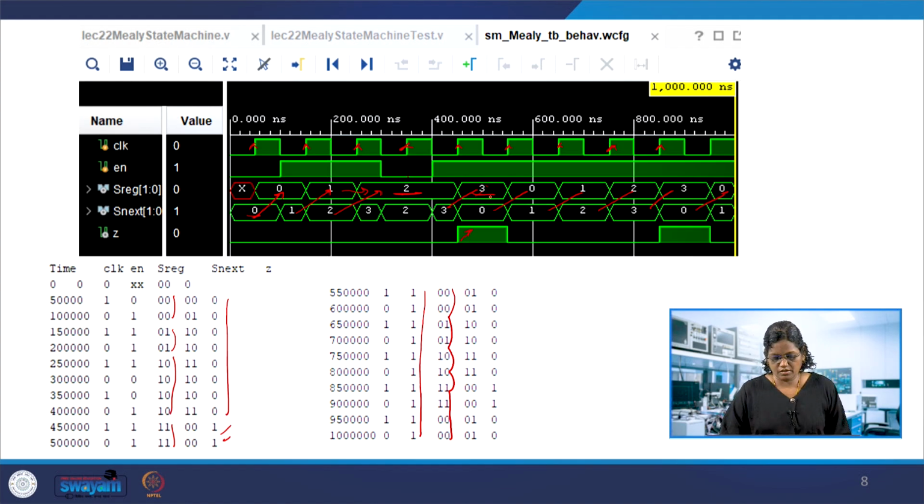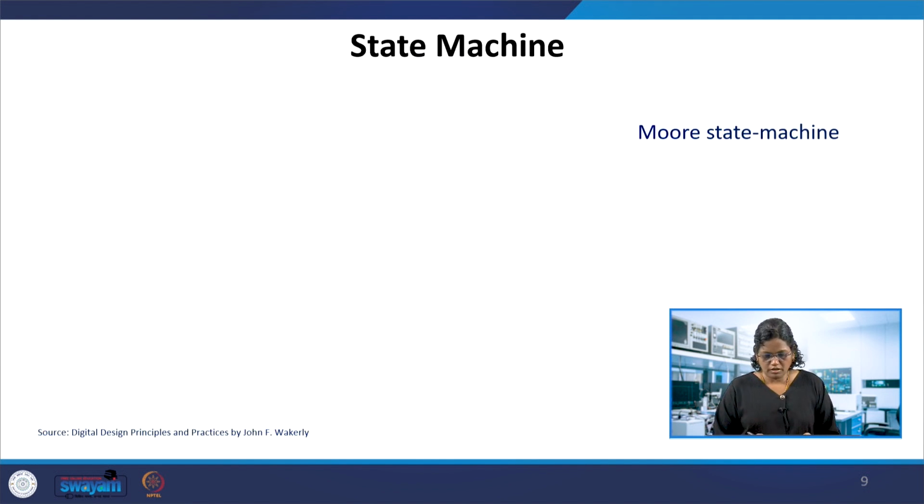If enable is 0, the output will be 0, but enable doesn't have any immediate influence on the output in the Moore machine, which depends on the current state. Here in this case the 4 states are the same in Mealy and Moore for the example which we took, and in some cases the states may be more in Mealy for the given problem.